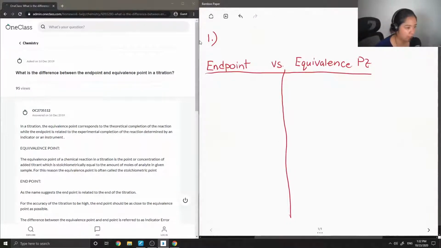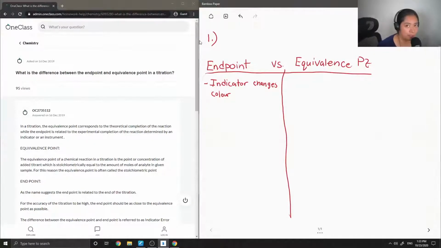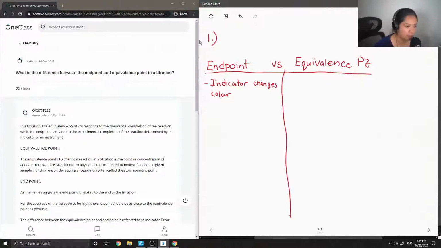Okay, so basically the endpoint in a titration is when your indicator changes color. And that's if you have a color changing indicator. There are other indicators such as the voltage, but commonly the indicators tend to change color, so I'm just going to write that down.